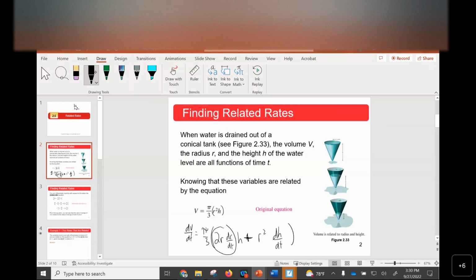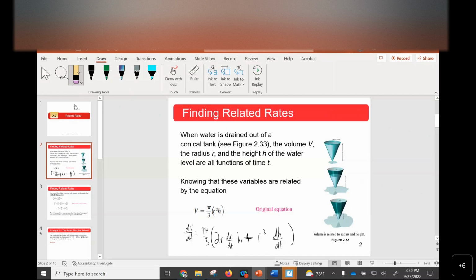Okay, we're going to do a bunch more of these. Now, that was just practice with the derivative part. Eventually, I'm going to ask you questions like, tell me the rate at which the volume is changing if the rate of the radius is changing at 3 meters per second and the rate the height is changing is 2 meters per second when the height is 5 and the radius is 10, something like that, right?